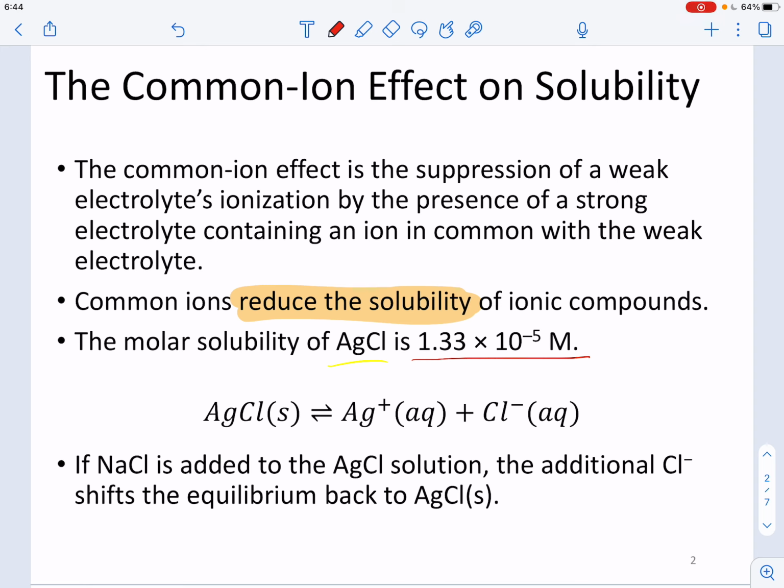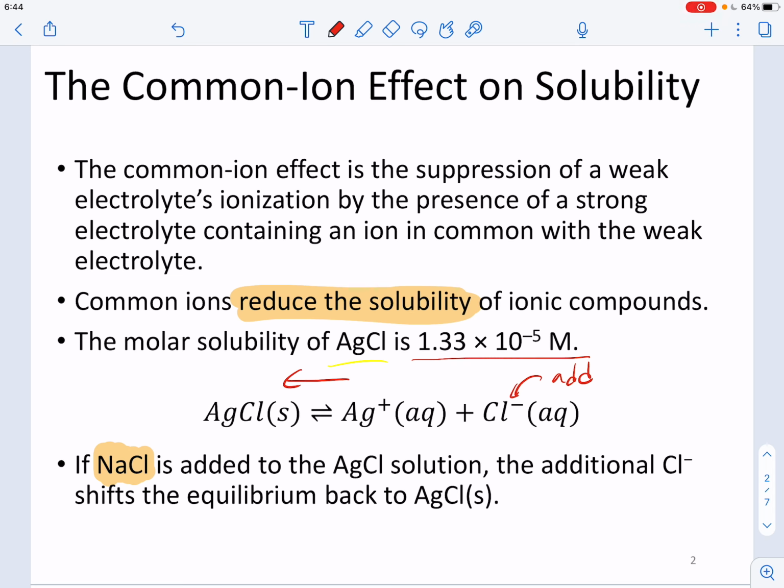Now, if you add sodium chloride to that solution, basically what you are doing is adding more chloride to the solution, and therefore you are shifting the equilibrium towards the left, toward the production of the solid. So basically there is less solid that will be dissolved in this solution. That is if you add some sodium chloride.